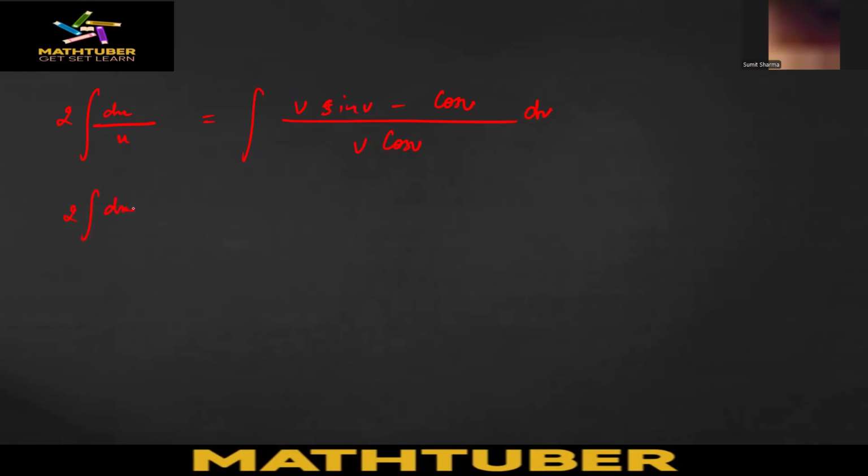Now this will be 2 into dx upon x is equal to, if we separate this LCM also here, you will get (tan v minus 1 upon v) dv.